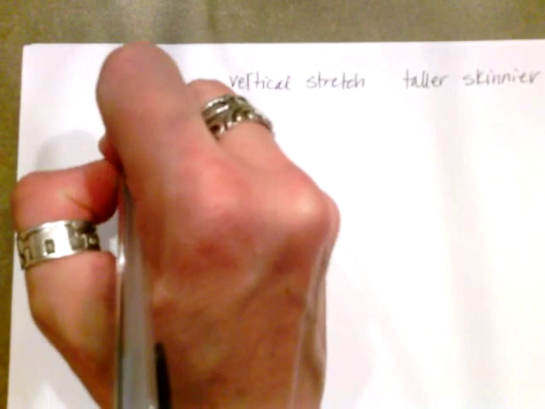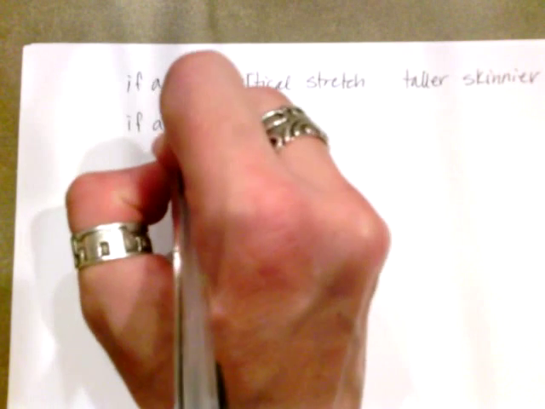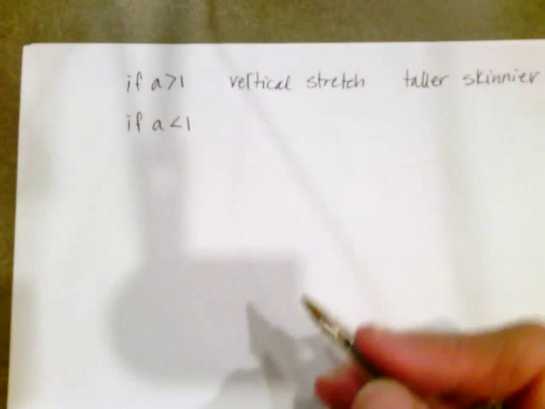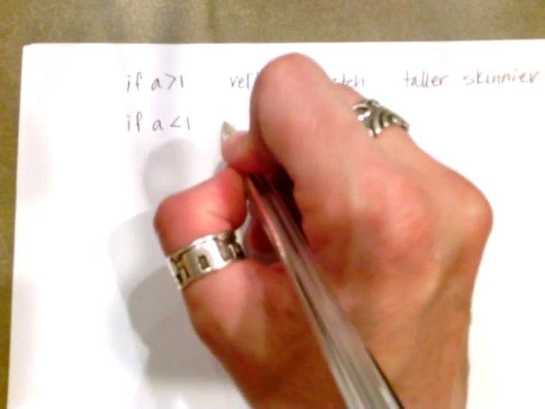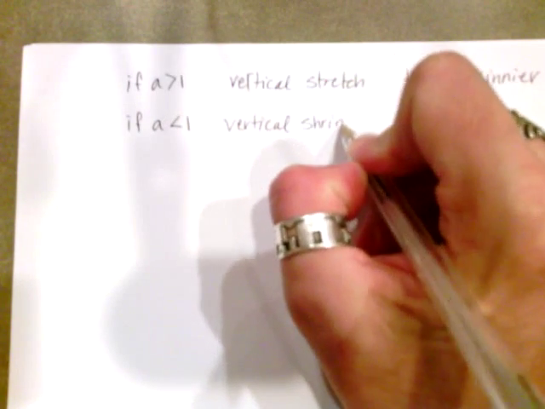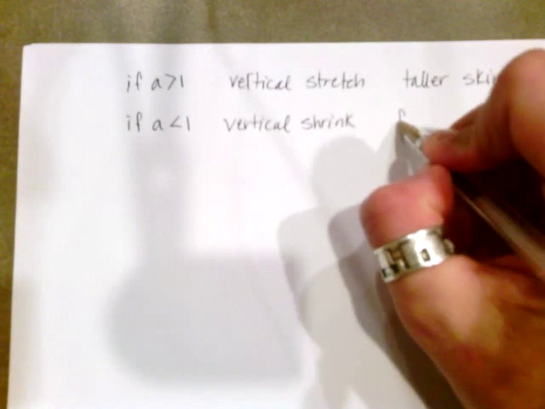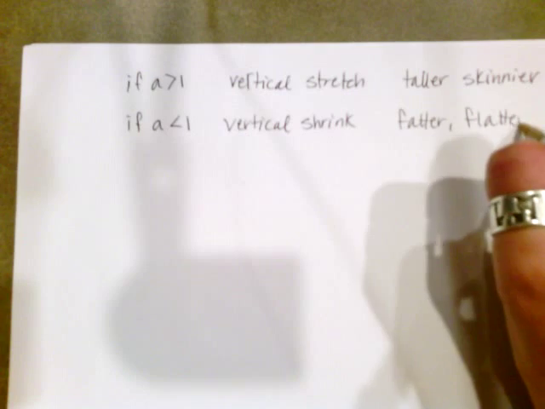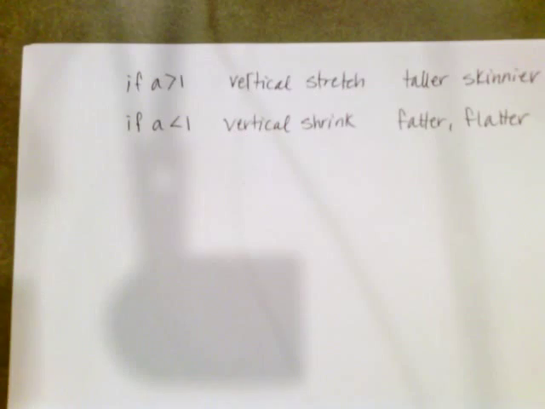If a is less than 1 and greater than 0, so that means it's a fraction or a decimal, then that means that it is a vertical shrink, and it means that it's going to get fatter and flatter. So that means that the curve is going to kind of flatten out.